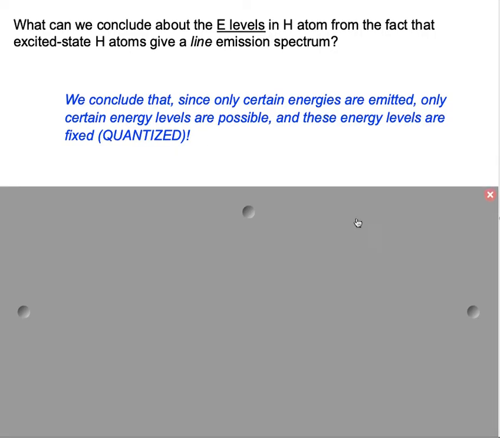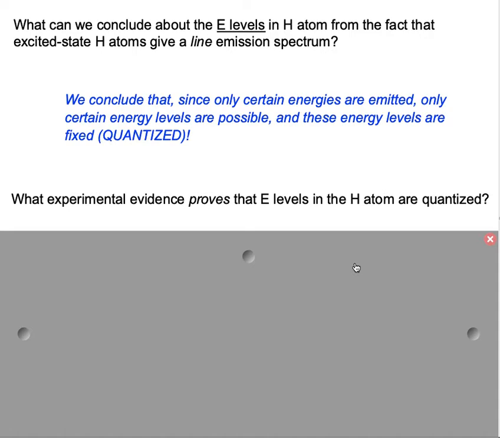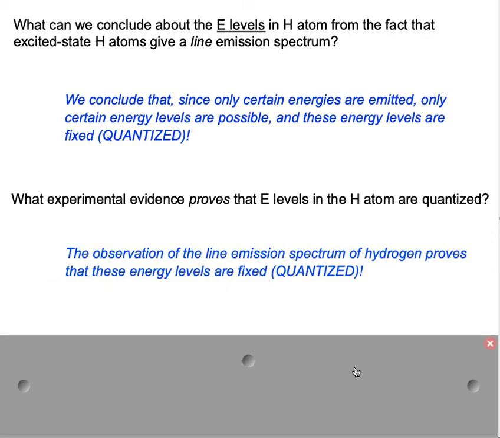Another way to ask the question is, what experimental evidence proves that energy levels in the hydrogen atom are quantized? The answer: the observation of the line emission spectrum of hydrogen proves that these energy levels are fixed or quantized. There is no other way to explain the fact that only certain wavelengths of light are given off, other than the fact that the energy levels have to be fixed.